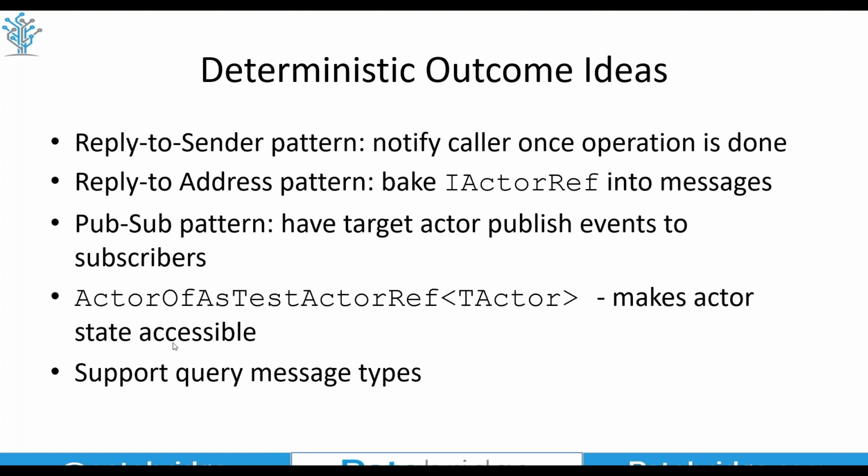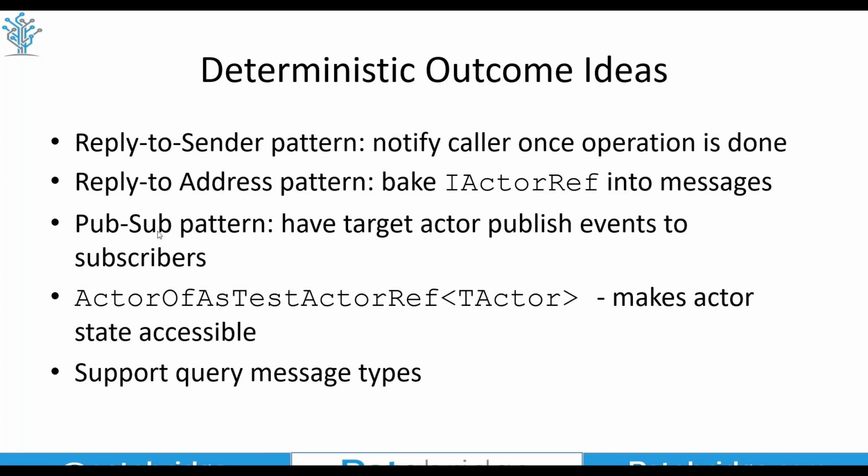This last one is really useful if you have some non-determinism somewhere inside your application. Let's say, for instance, you have an actor that is polling an external API or maybe a database for changes. You don't necessarily have a deterministic way of knowing whether that actor has found the change it's looking for in your test, right? That's an example of non-determinism. Well, one thing you could do is implement pub/sub to make sure that you get a notification when the actor has found it.